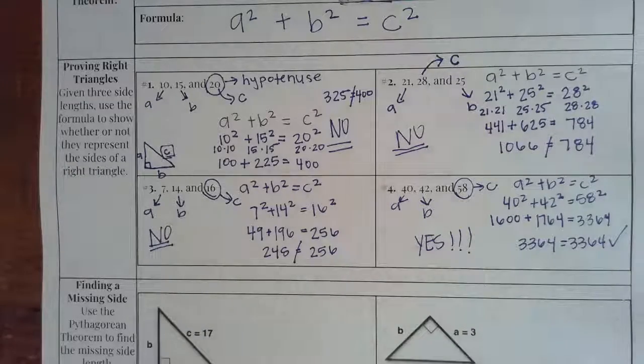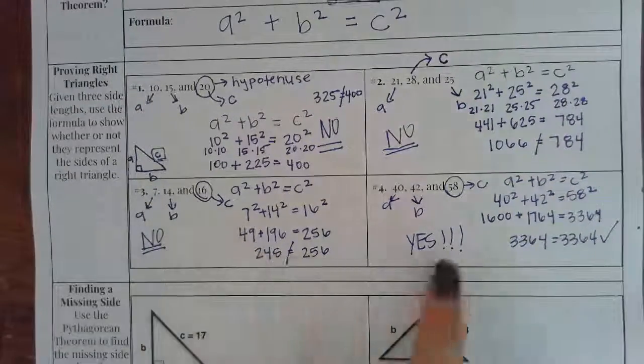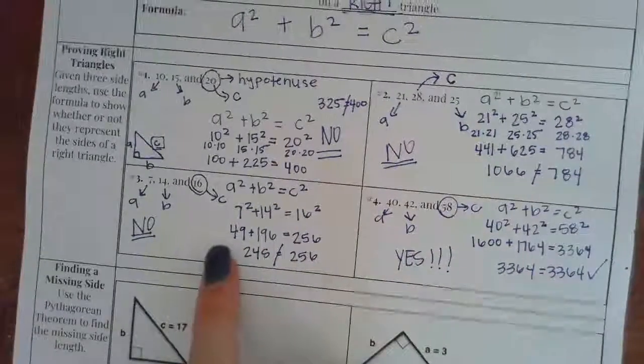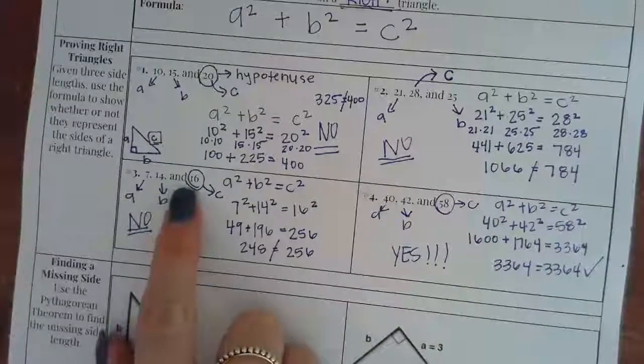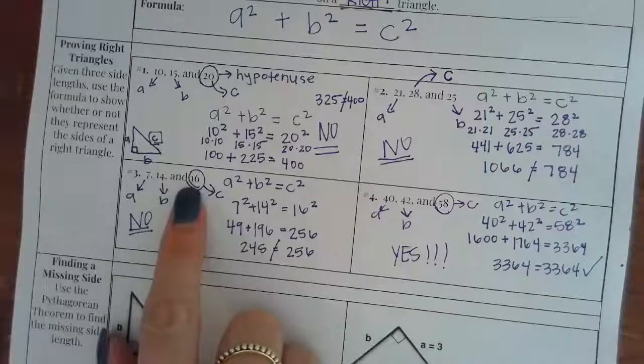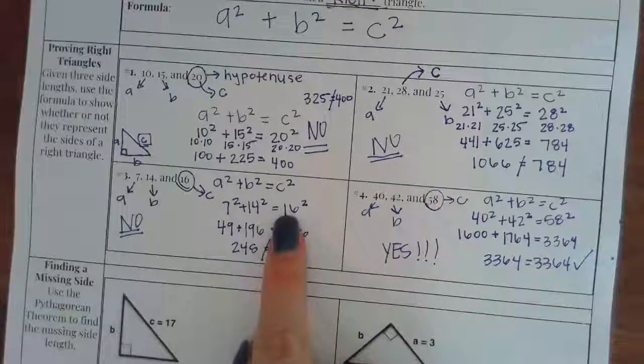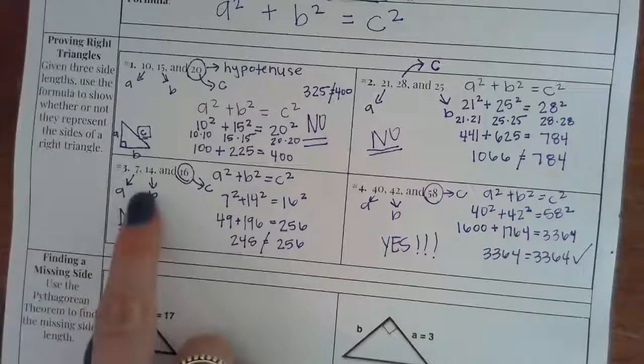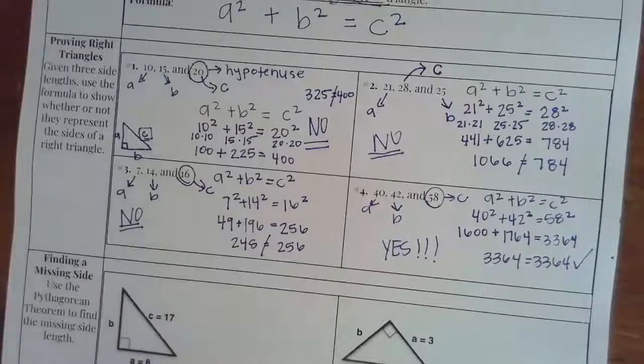All right, so you should have had time to work 3 and 4, and I have the answers here below. So again, always identify your largest number. So here my largest number was 16, so I knew that was going to be my hypotenuse. And again, it doesn't matter which ones we label A and which ones we label B, because they're our legs.